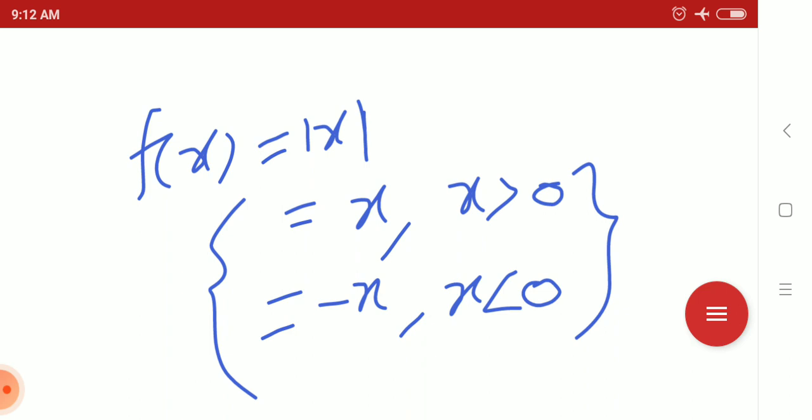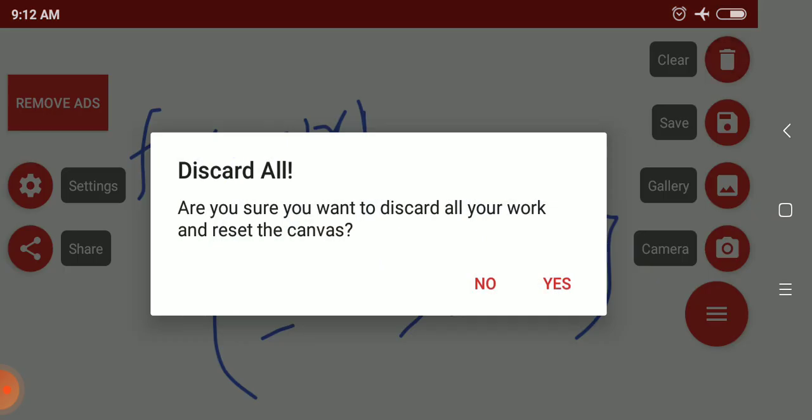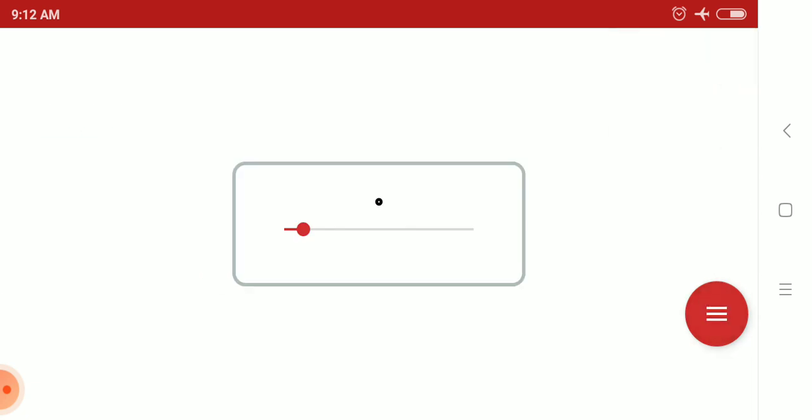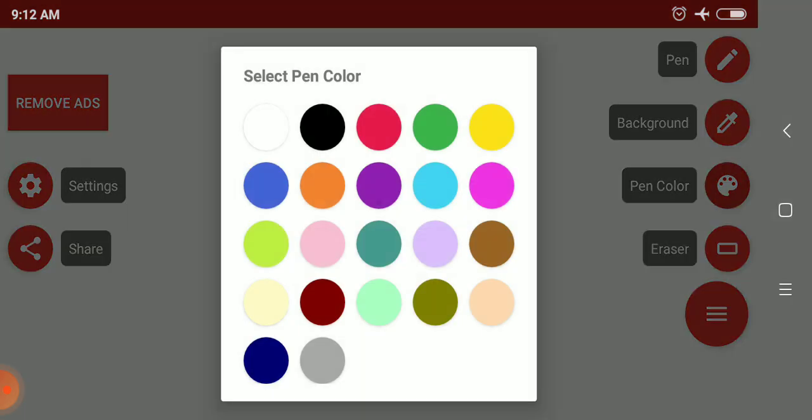Let us examine its continuity or discontinuity and its differentiability, whether it is differentiable or not. Let's draw this function.